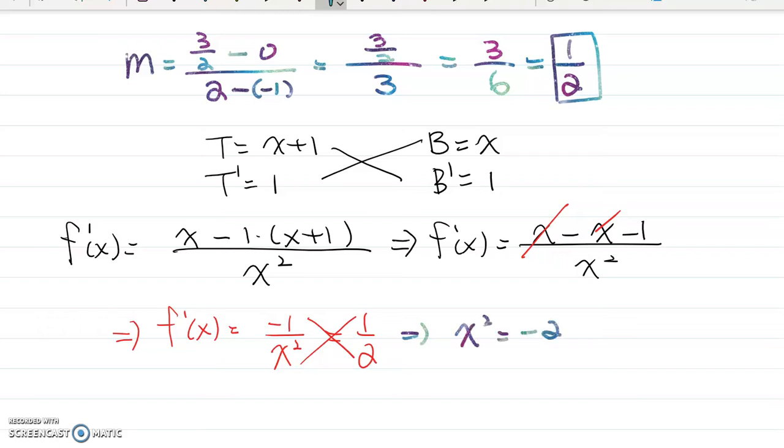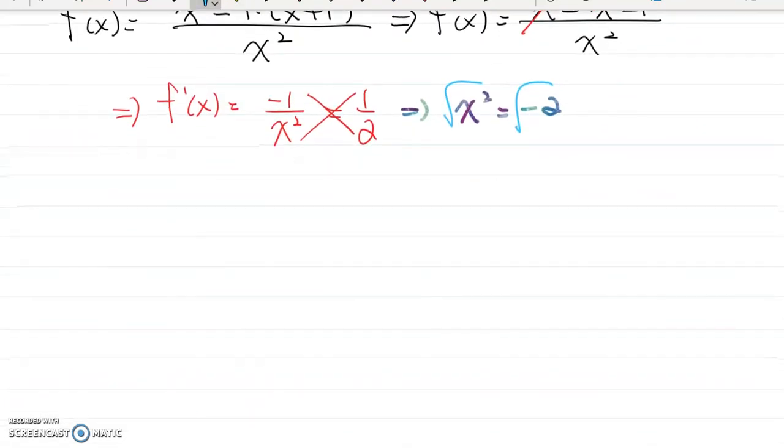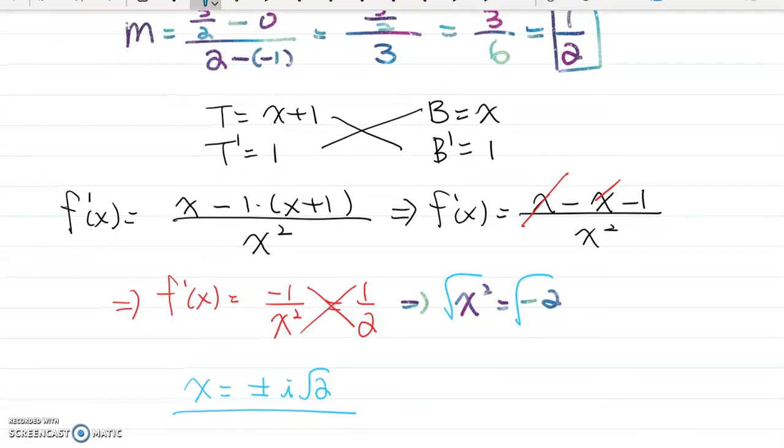Okay, now we take the square root of both sides, then x equals plus and minus i root 2. So as you see, this is not a real x value. Therefore, in this scenario, there's no such x value that has a tangent line slope equal to 1/2. That will be the answer for this problem.